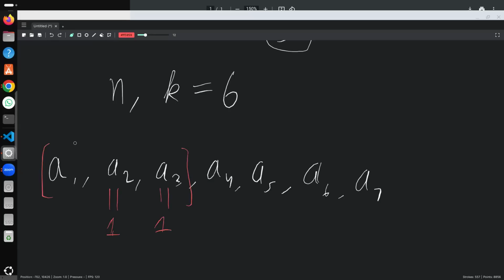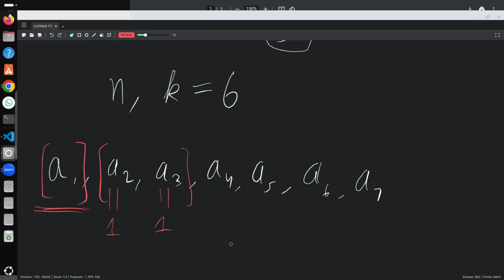How? We can actually just make this partition and this partition. Since both of these are equal to 1, sorry, not this part, my bad. Yeah, this partition. So we take 1 in this and A2, A3 in the other one.